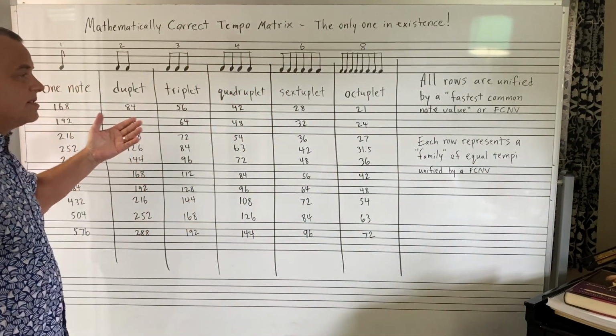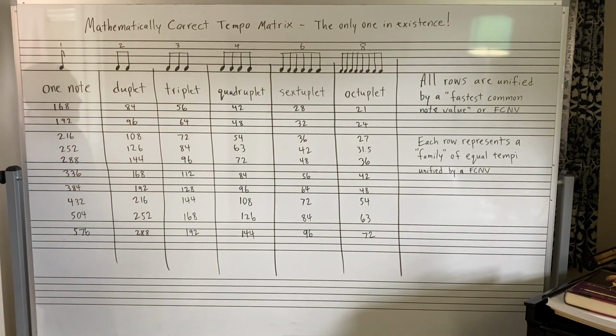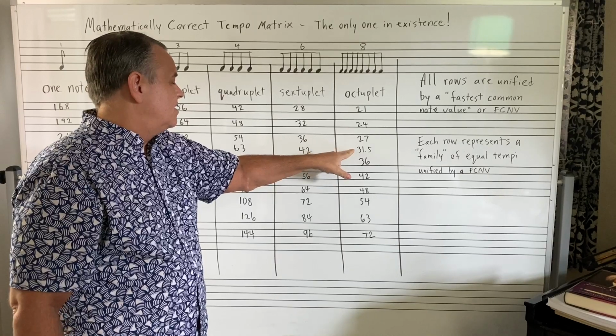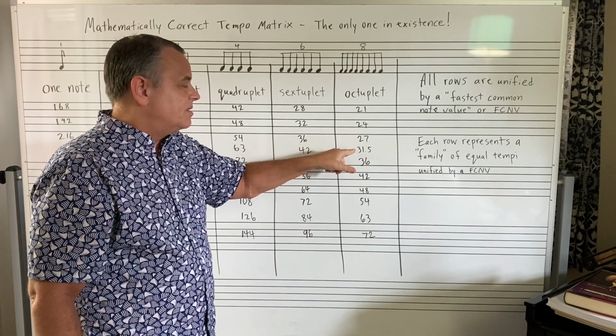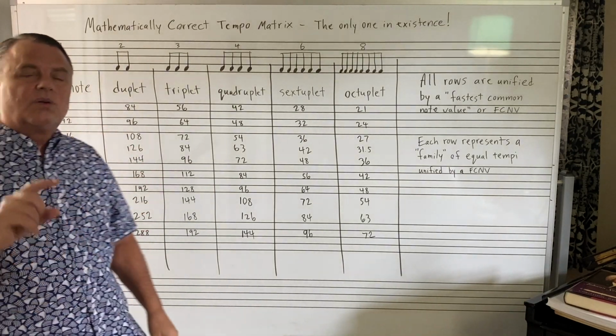So this is a matrix of tempi that I derived way back in 1992 based on that article. And that article, the Unified Theory of Tempo Relativity, doesn't really have anything to do with Bach. It's just an abstract theory in itself, and it explains how I got these numbers. Realize this, that all of these numbers in the matrix are whole numbers, except this oddball right here, 31.5. With the exception of this here, every number is a whole number or an integer.